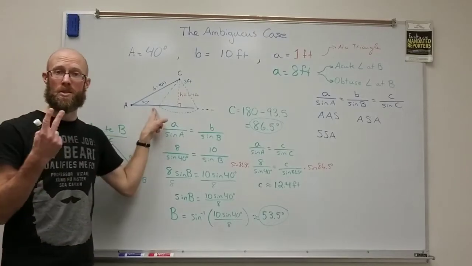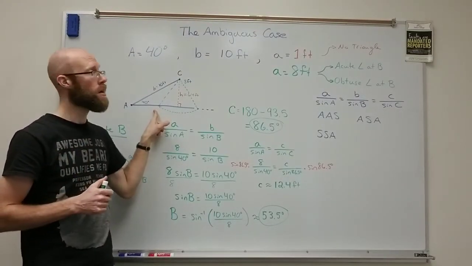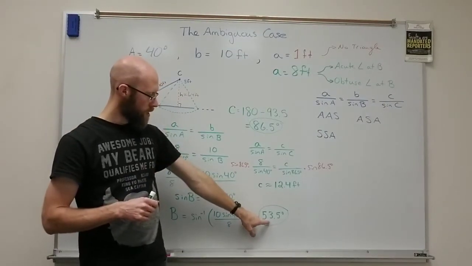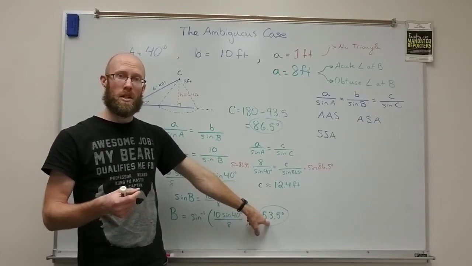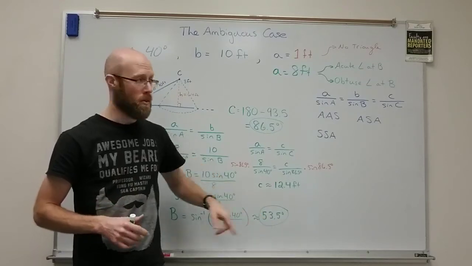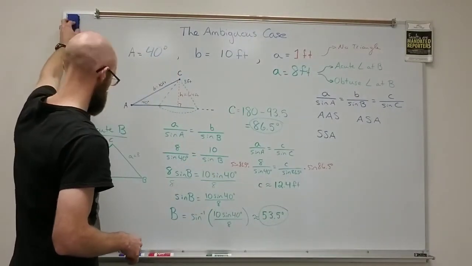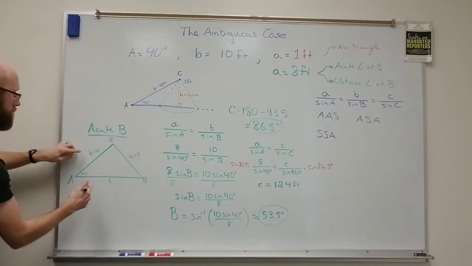An obtuse angle is a second quadrant angle, not a first or fourth. So I'm not really interested in the output from the inverse sine. I'm really interested in the similar angle in the second quadrant. So I'm going to summarize these items over here.